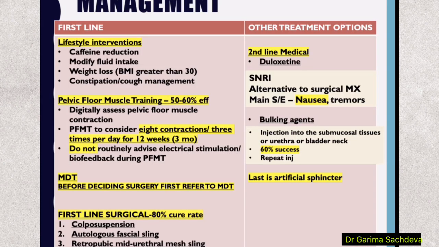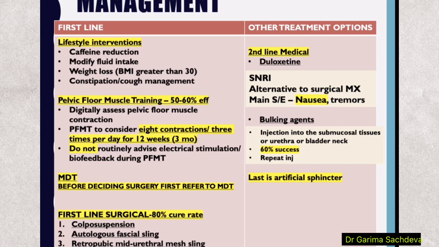Now, stress incontinence, how do you manage? This is briefly about the management, and I'll be teaching you each one of these in detail in further slides. First line, you will ask them to modify their lifestyle: reduce caffeine in their diet, modify fluid intake. If the BMI is more than 30, they should be advised to lose weight.